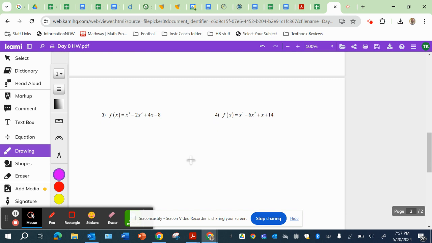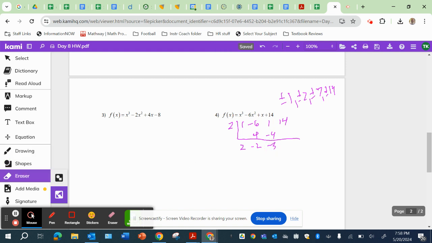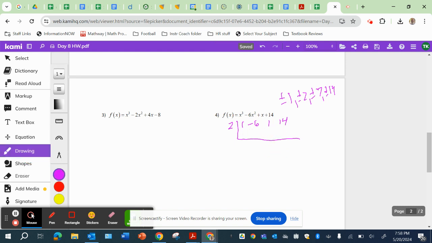Let's do number 4. Again, we've got 1, 2, 7, 14 are all factors. I'm going to start with, let's try 2. You might be able to do it in your head a little bit to know which one to start with. So that does not work. There's a reason there's only 4 of these. It's very tedious.